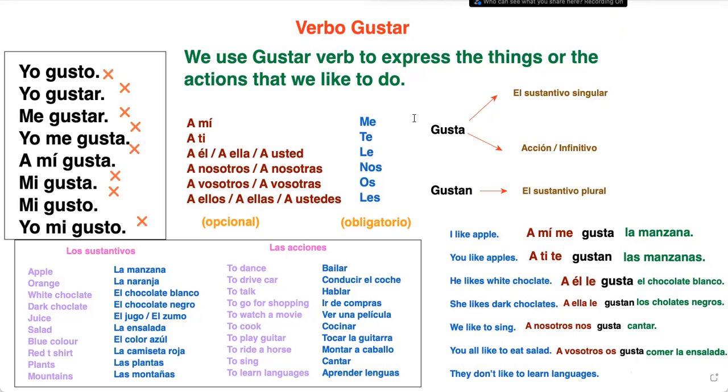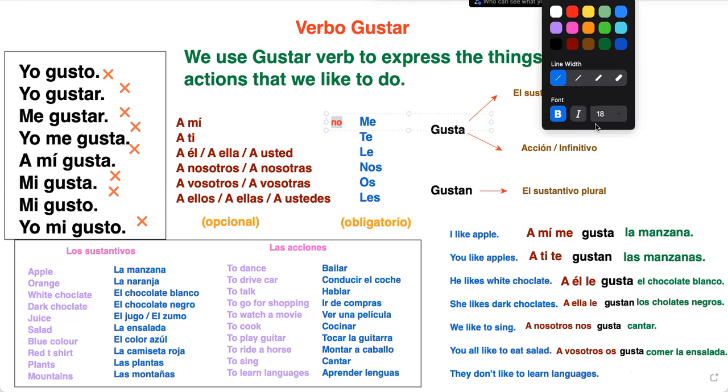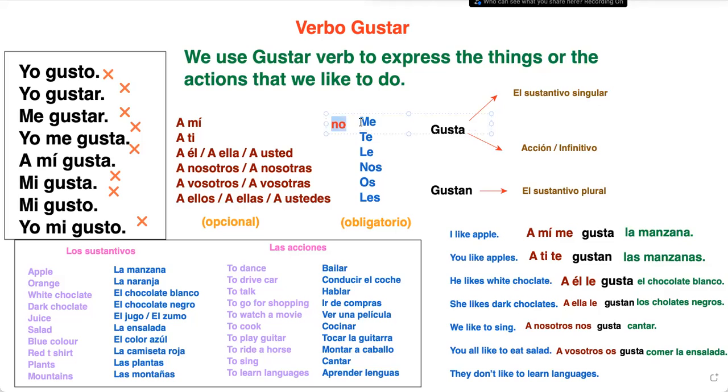Next, they don't like. We haven't learned so far how to frame a negative sentence with negation. I'll just simply place no here, in brackets, if you're talking about any action that I don't like to do. So they, how do you say they?